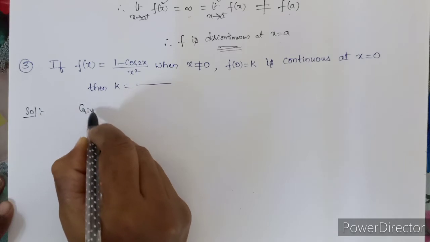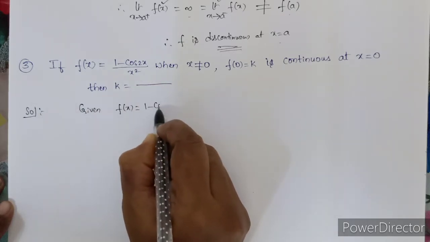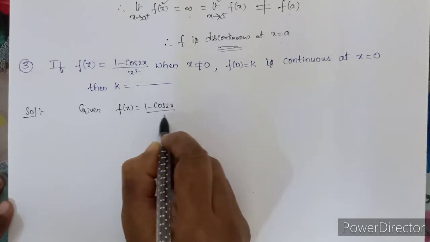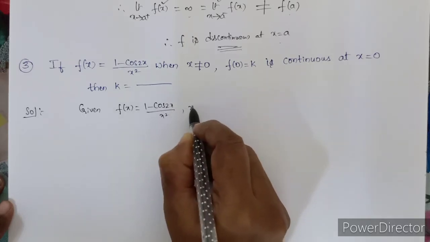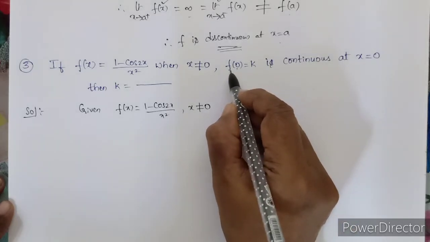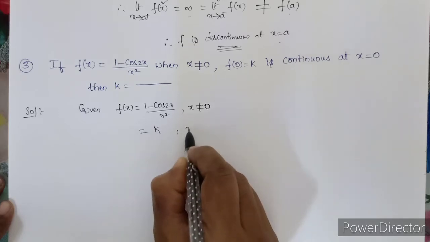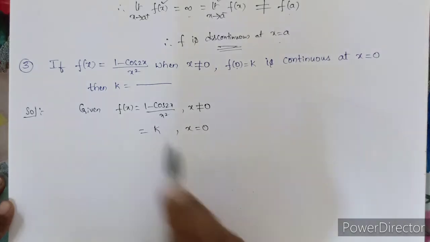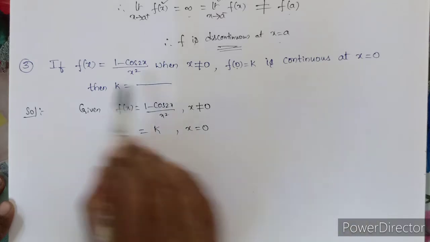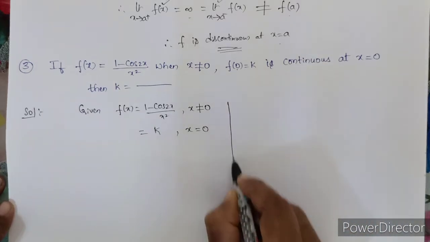Given f of x is equal to 1 minus cos 2x by x square when x is not equal to 0. When x is equal to 0, f of x is equal to k. In the problem itself it is given the function is continuous.